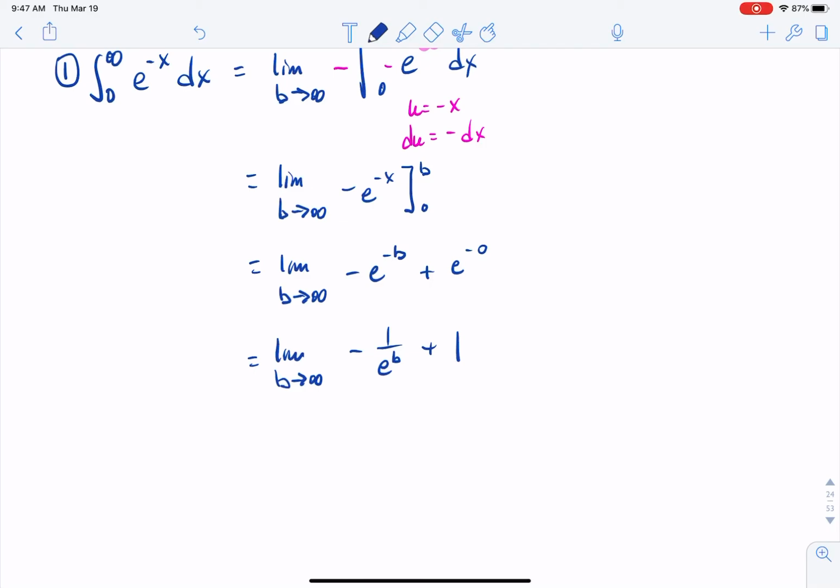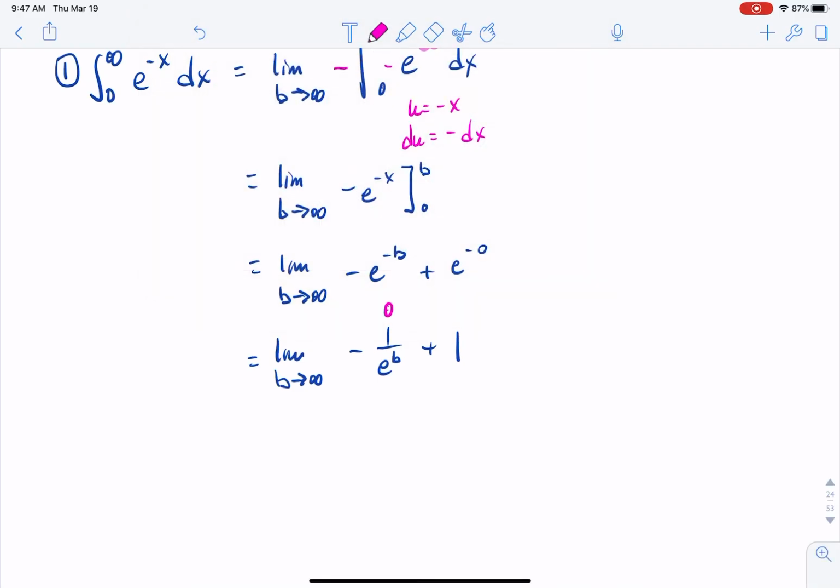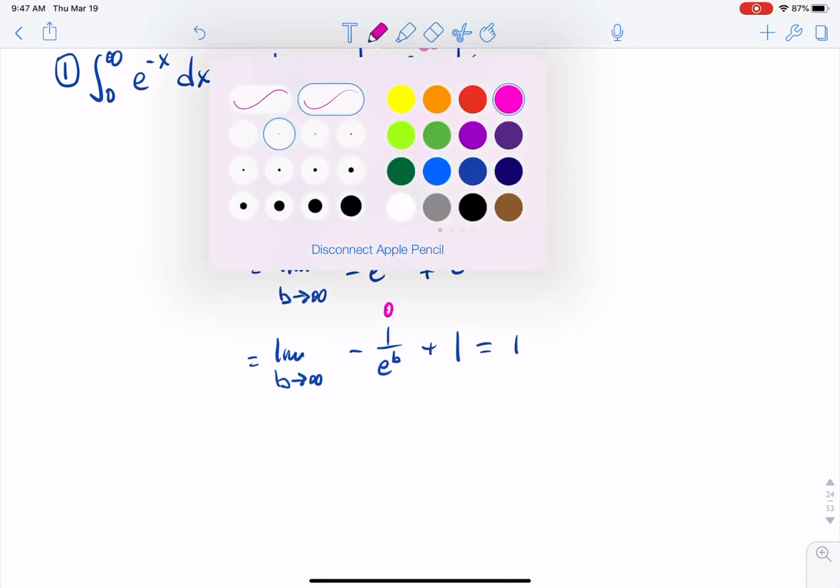Now, I'll take the limit. As b goes to infinity, e to the infinity is super, super big. 1 divided by something super big is going to 0. That part is tending to 0. Plus 1, this whole thing is converging to 1.